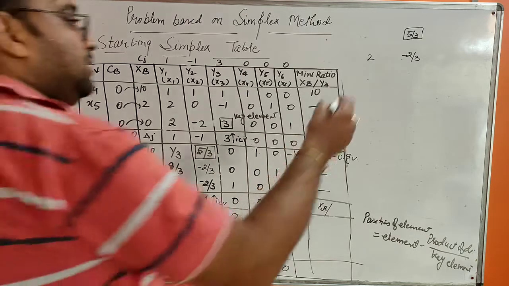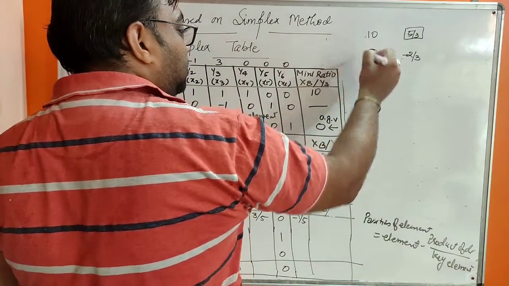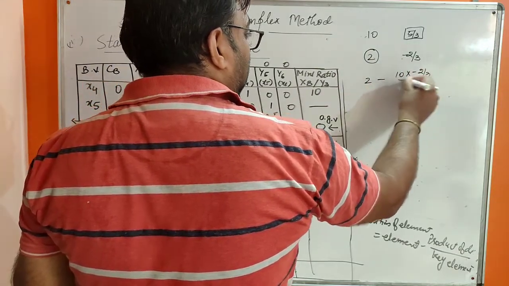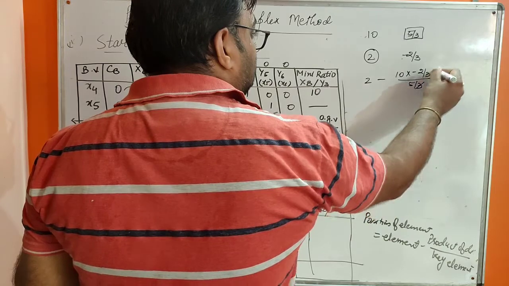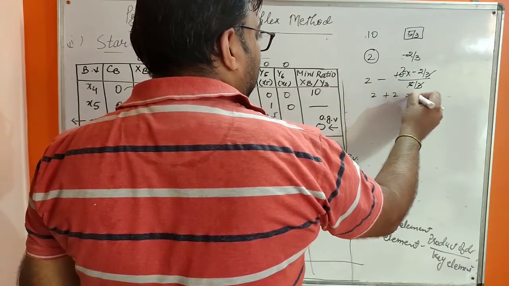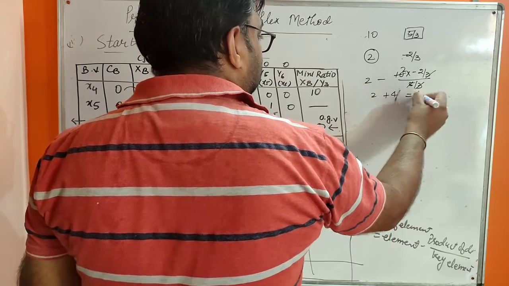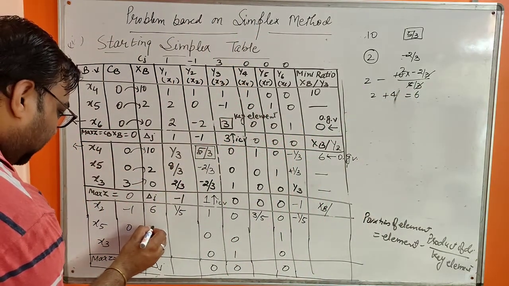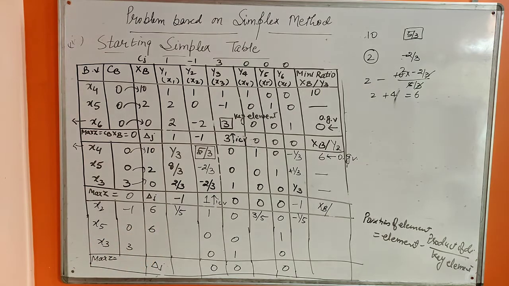That is 10. So we have to find this 2. So 2 minus 10 into minus 2 by 3 upon 5 by 3. So 3 and 3 cancel, 5 goes into 10 twice. So 2 minus minus becomes plus, 2 into 2 is 4. That is 4 plus 2, 6. So this element will be 6.